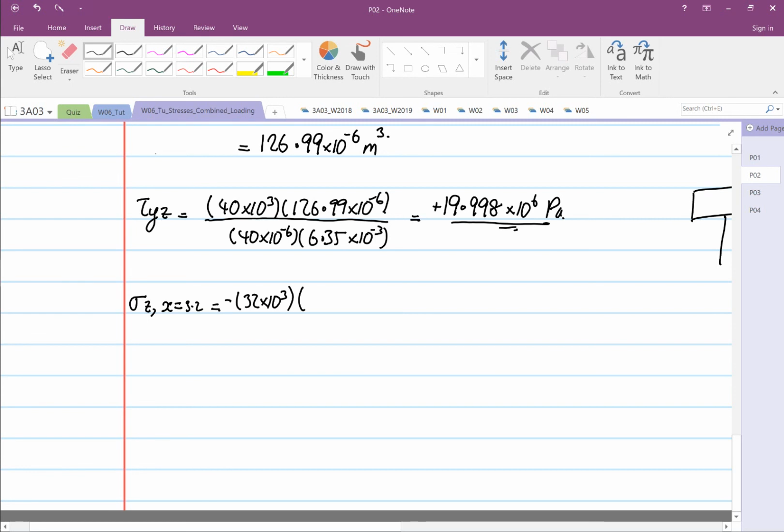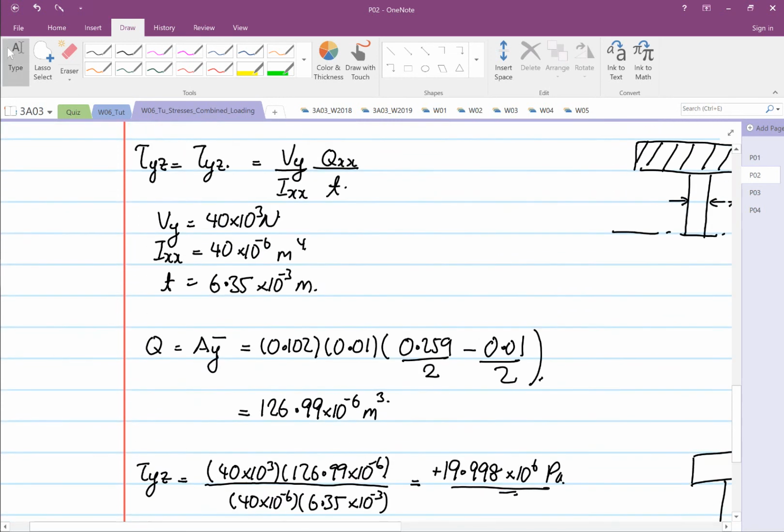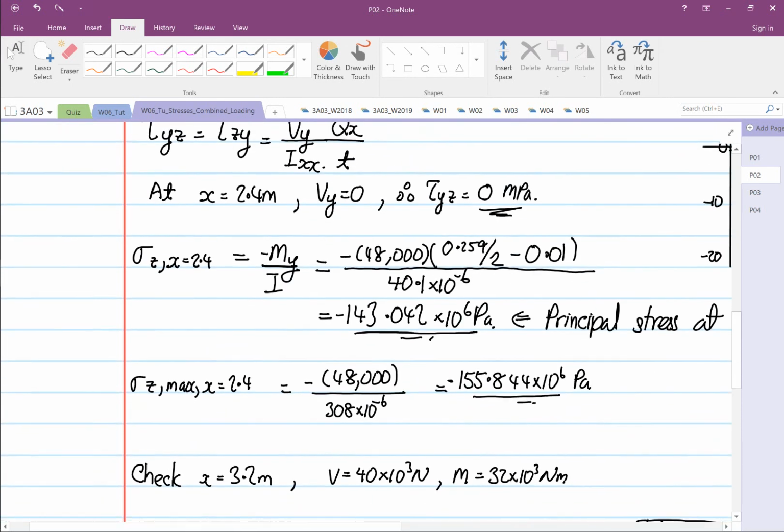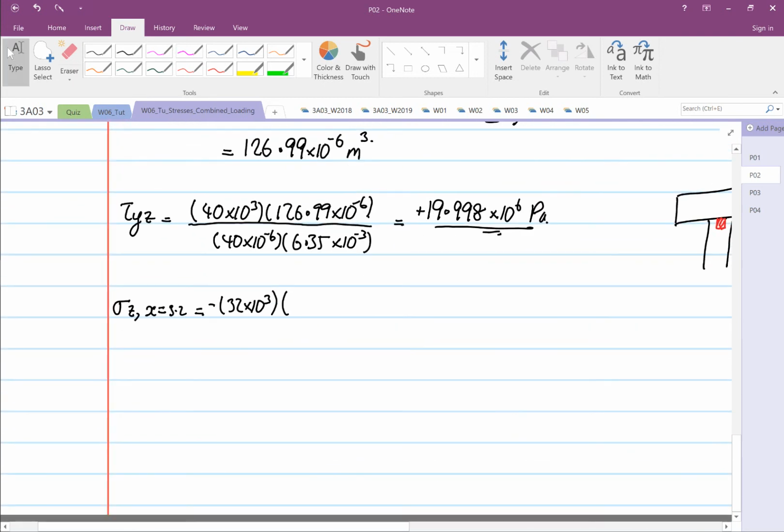The Y is the same as what we had before, 0.259 divided by 2 minus 0.01, and then divide by I, which is equal to 40 times 10 to the power minus 6.